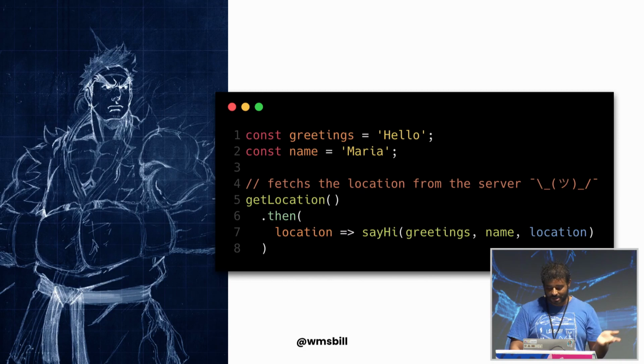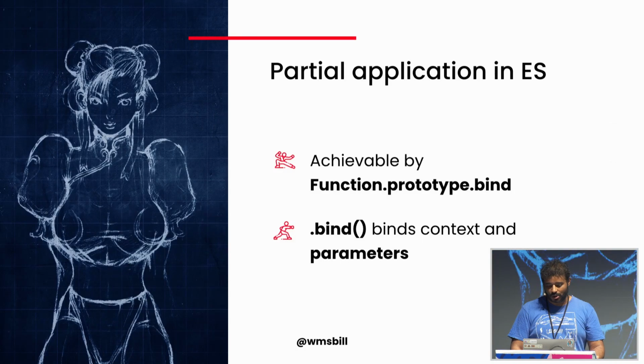This is kind of verbose, but we still have a way to create a partial application in ECMAScript. We can do this using Function.prototype.bind. Sometimes we forget that it not only binds the context, but binds the parameters as well.